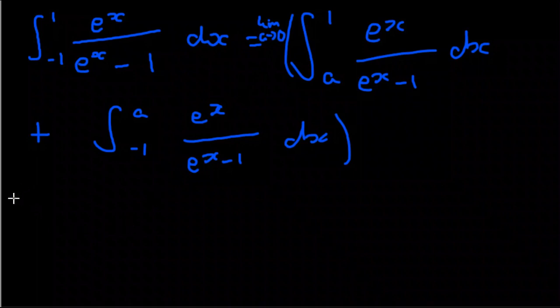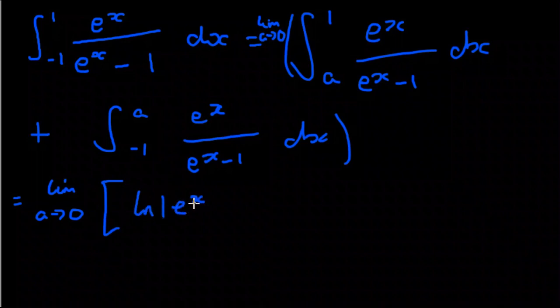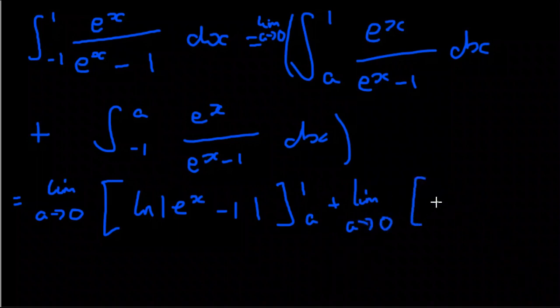So this is then equal to the limit as a tends to 0, and just integrating this in the normal way, we're going to get ln of e to the x minus 1 from 1 to a, plus the limit as a tends to 0 of, and again we get the same thing, but now we have limits from a to -1.